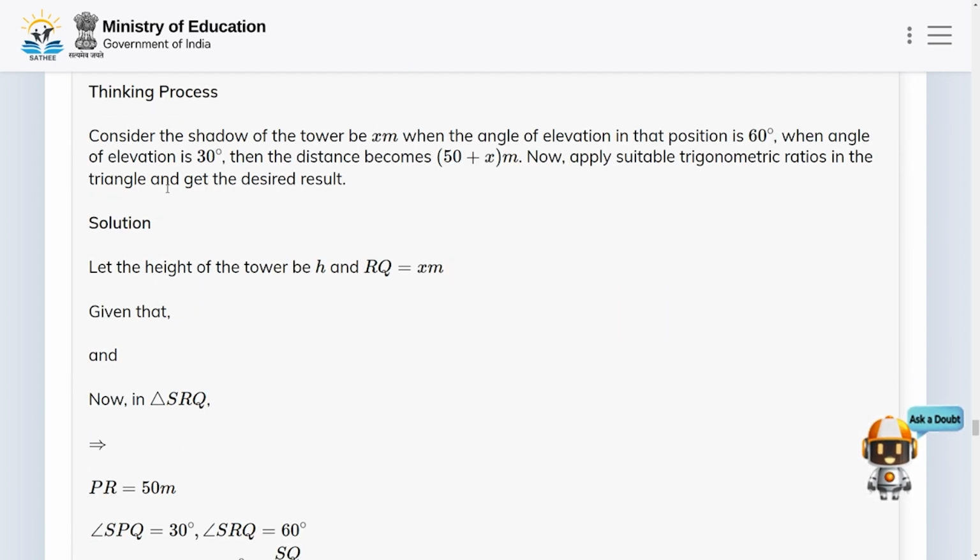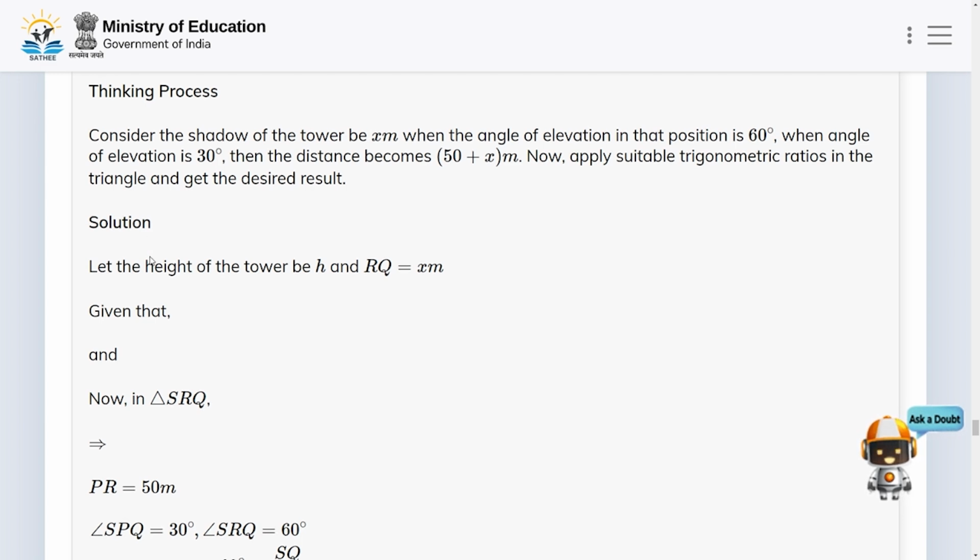First of all, we'll see the thinking process. We consider the shadow of the tower to be x meters when the angle of elevation in that position is 60 degrees. When the angle of elevation is 30 degrees, then the distance becomes 50 plus x meters. Now we apply suitable trigonometric ratios in the triangle and get the desired result.